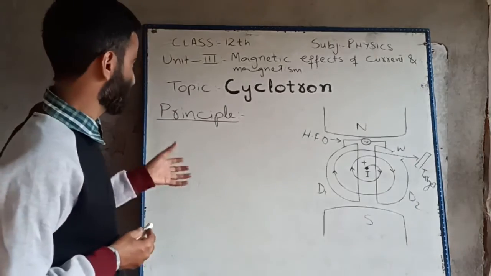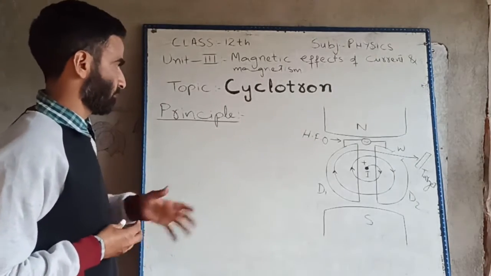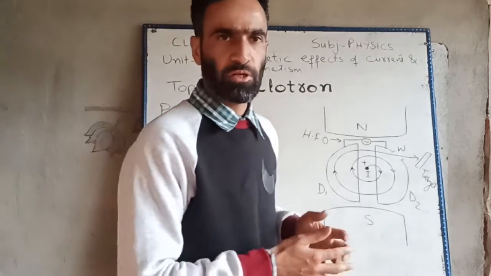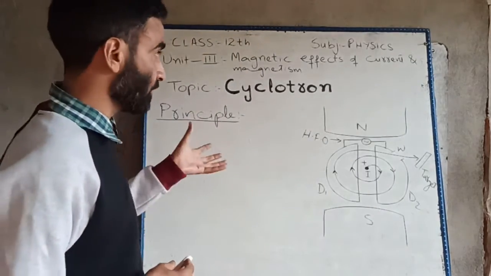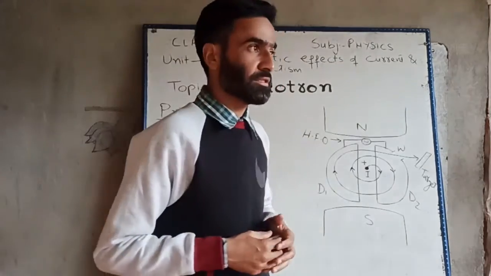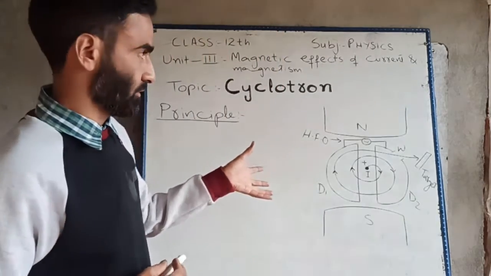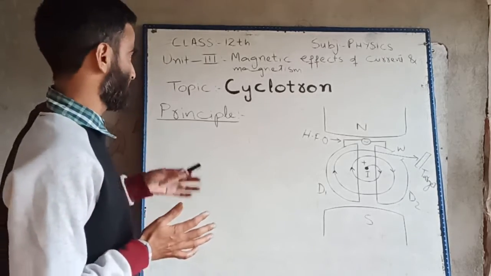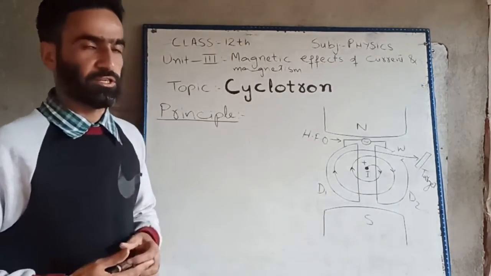So this was the principle of the cyclotron, which you can find in the books. The important thing to know regarding it is the construction of this device. So now let us understand the construction of this device.